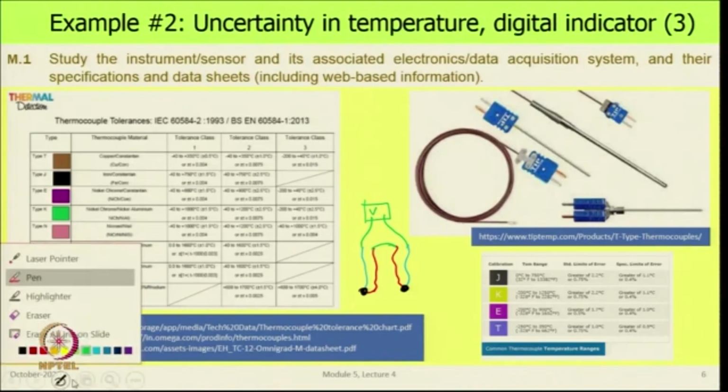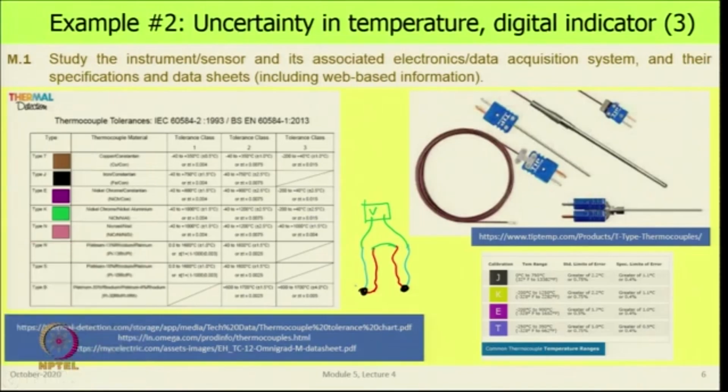Then we subject this and this to different temperatures. So this is, say, a higher temperature TH, this is the lower temperature TL, then the EMF produced is proportional to the difference TH minus TL.